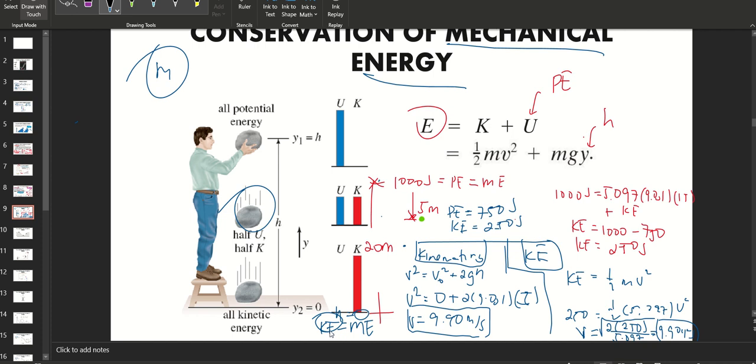So, if you ask me what the kinetic energy at ground level will be, the answer is 1,000 joules. At the highest peak, potential energy is 100% and kinetic energy is 0. At the lowest point, at the ground, the kinetic energy is the highest and the potential energy is 0. I hope you get the concept.